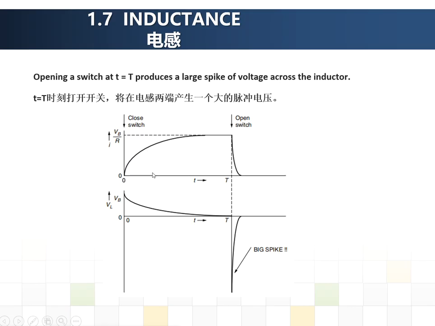And as time increases, the voltage over the inductance continues to rise until it reaches the steady state, which is VB divided by R.